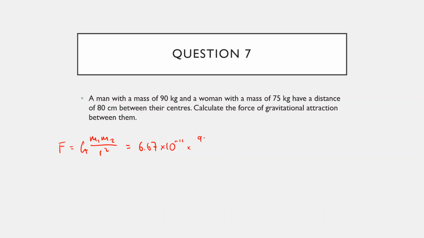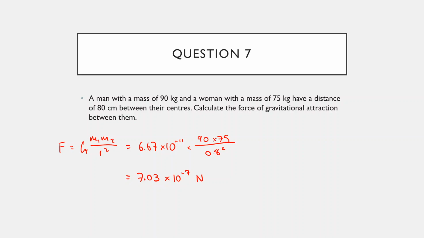Mass number 1 is 90, mass number 2 is 75, and the distance between them is 0.8 meters. You've got to square that, don't forget the square, and also convert your distance to meters if you need to. Popping that on a calculator, you end up getting something very, very small: 7.03 times 10 to the negative 7 newtons.